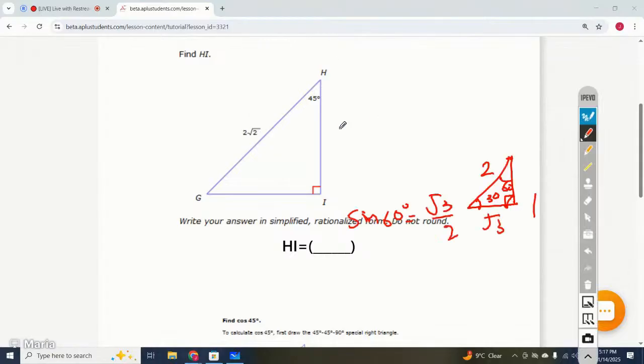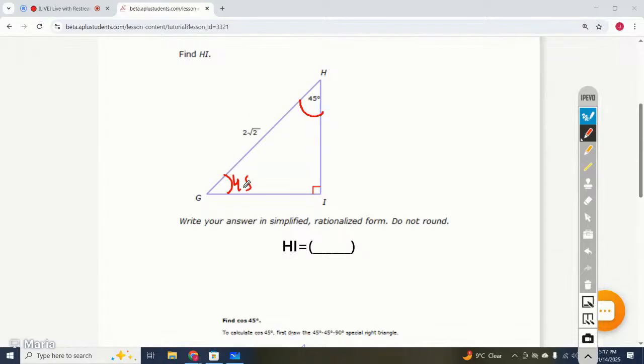Let me just tell you the simpler way. We need to calculate HI, right? Use this triangle. It is not necessary to use the special triangles. Let's just use, here is the 45, 45 and 90. This is the triangle. We need to find this HI.